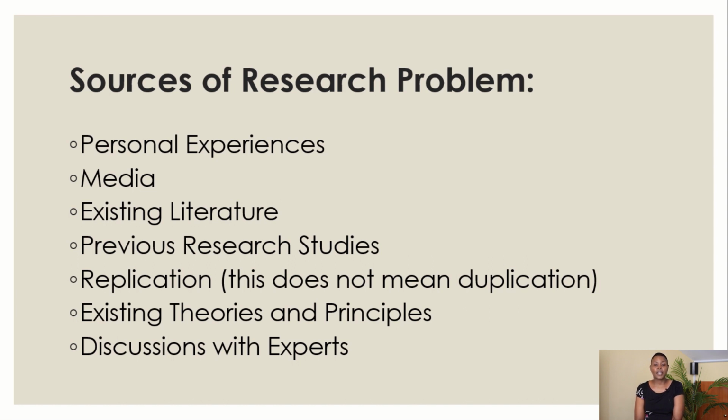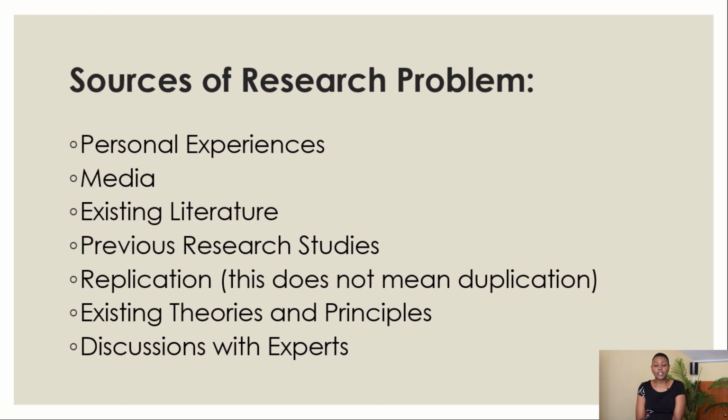Number 3, existing literature. This is from materials that have been written by others with whom you share a discipline or who have written on an area of interest. Number 4 is previous research studies.